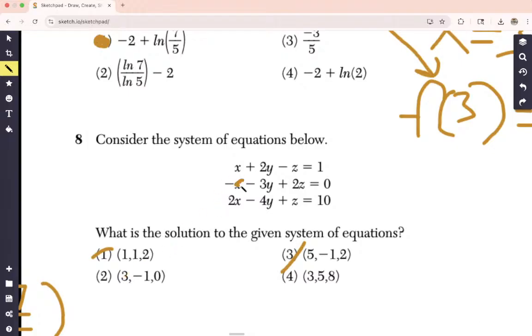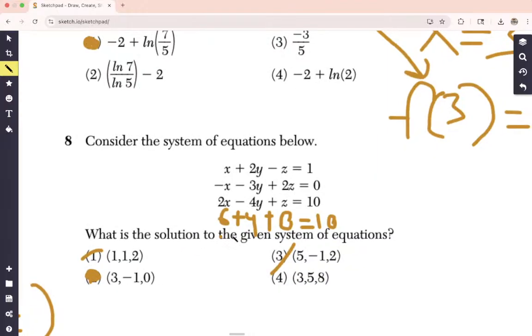When x is equal to 3, y is equal to negative 1, so this is going to turn positive, and z is 0. Oh, this works for the second equation. Alright, let's see the third equation. If x is 3, 2 times 3 is 6. If y is negative 1, this is going to turn positive. And when z is 0, 6 plus 4 is equal to 10. So number 2 is going to be our answer.